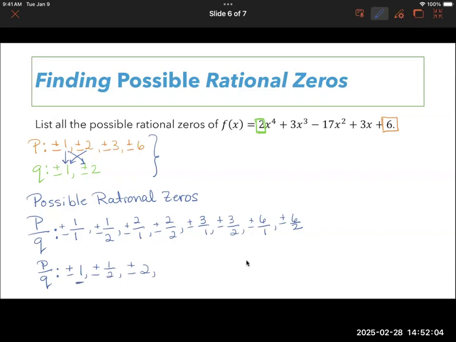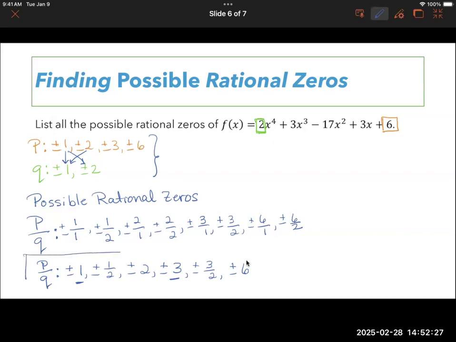We already have that, so we don't need to list it again. Plus or minus 3 over 1, which is 3, plus or minus 3/2, plus or minus 6 over 1, which will be 6. And again, plus or minus 6 over 2 gives us 3, which we already have, so we don't need to relist it.